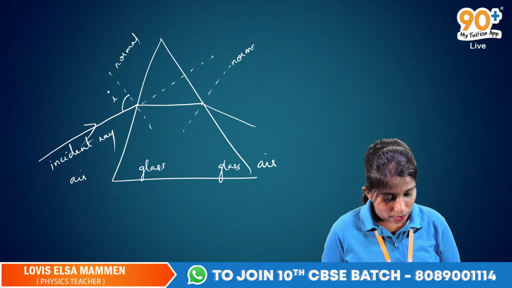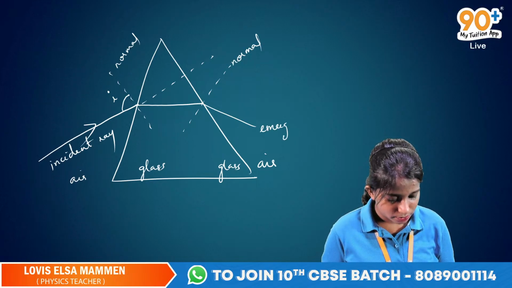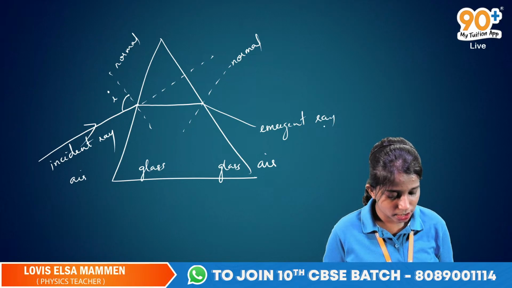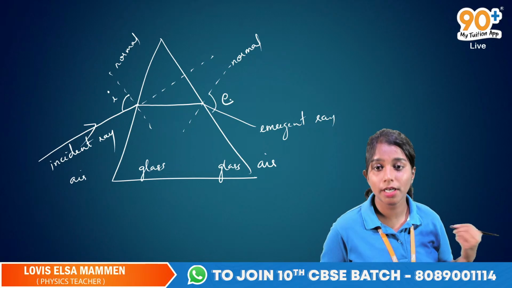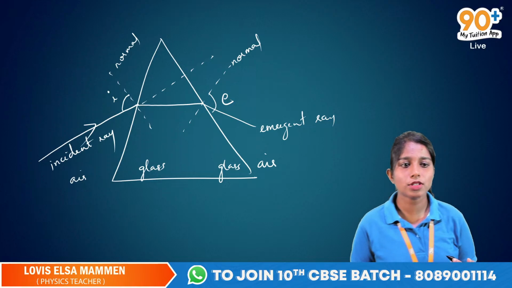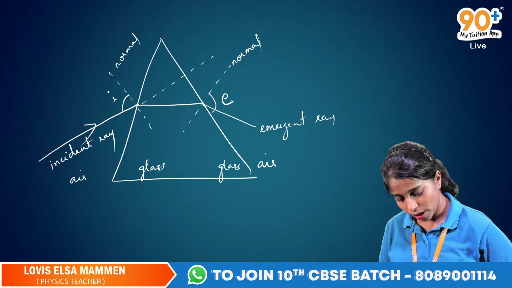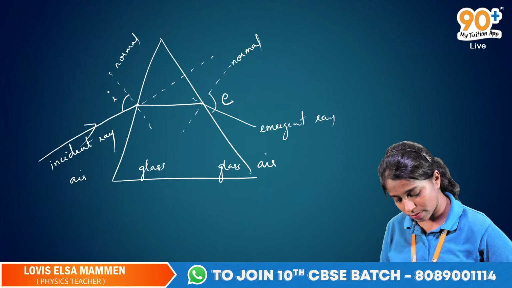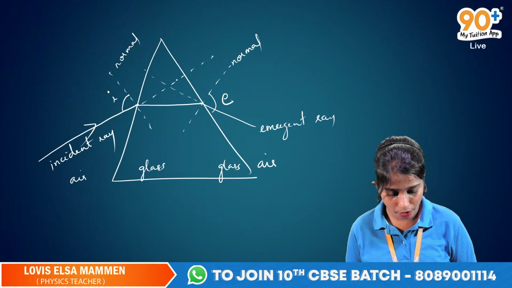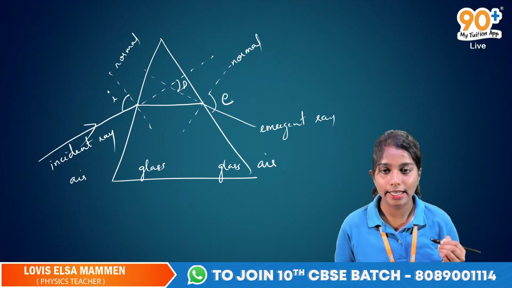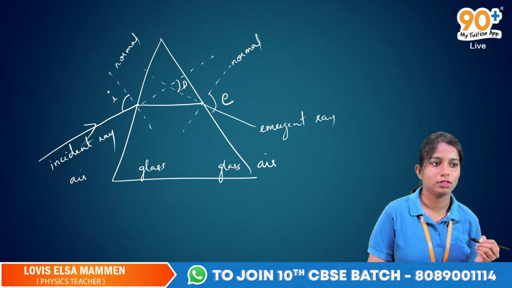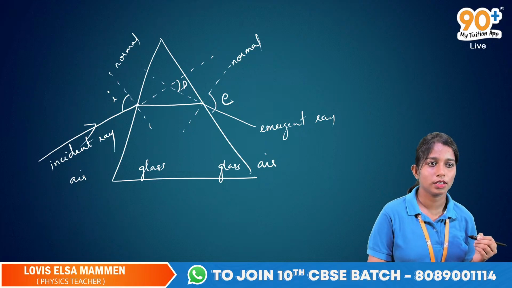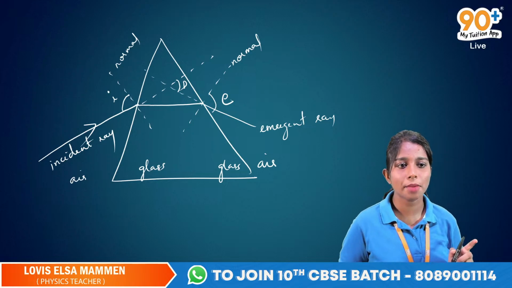The angle between the normal and the emergent ray will be angle of emergence. If there was no deviation, how can you identify it? Just back extend and you can see that it is meeting at a point, and that angle is angle D, or angle of deviation. Got it? So this is very important.